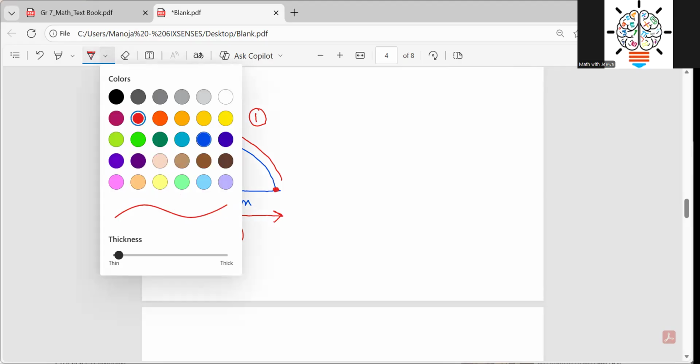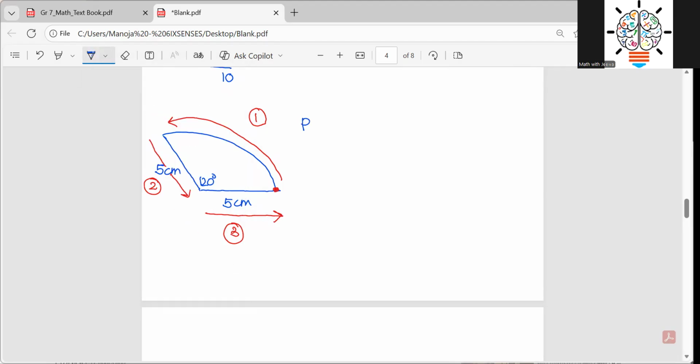How are we going to find the perimeter of this kind of thing, children? You want to add all the steps together, right? So you add 1 and then you have 2 and then you have 3, okay? 1 is the curve path, right? How are we going to get the perimeter of this, if you can remember, this is a sector of the circle. Can you remember the full circle? It is 2πR.